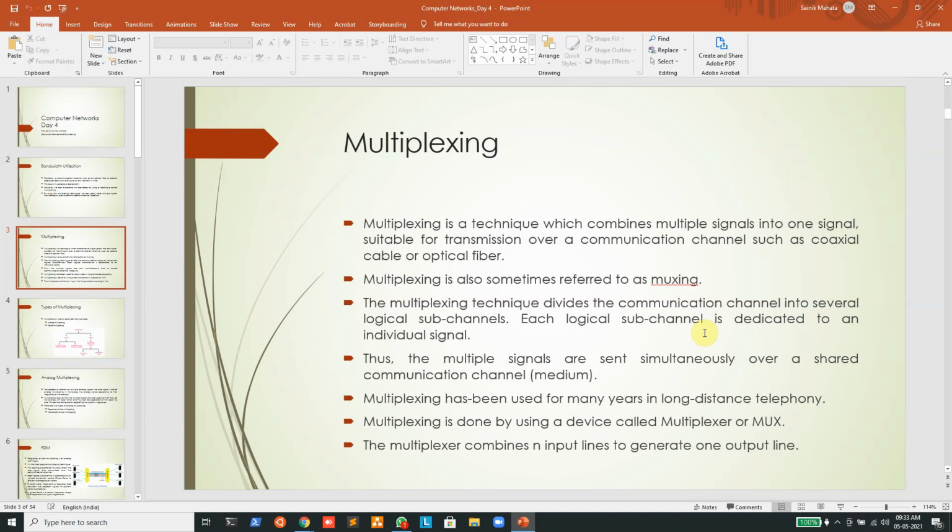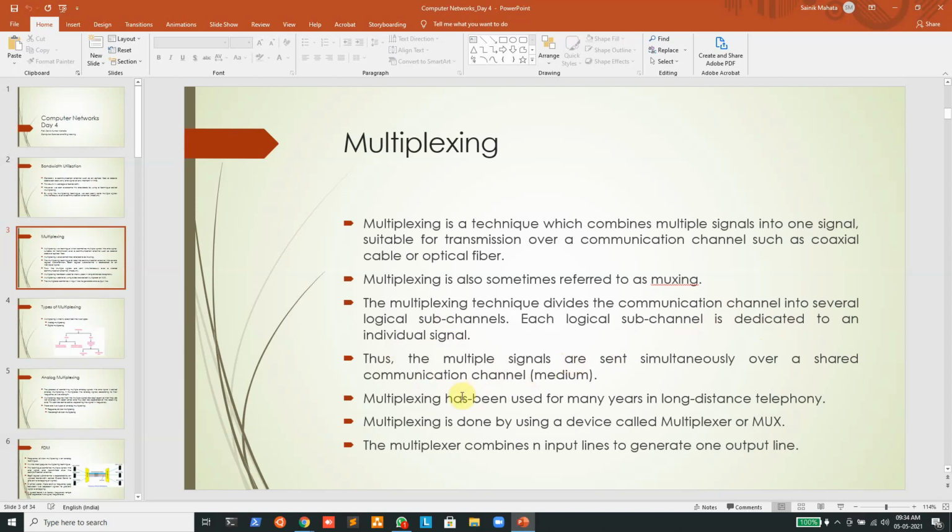This communication channel, with the help of multiplexing, can be broken down into 3 sub channels, and all these 3 computers can send data through these 3 sub channels, right? This results in reduced wastage of bandwidth. As I said earlier, each logical sub channel is dedicated to an individual signal, and thus multiple signals are sent simultaneously over a shared communication medium.